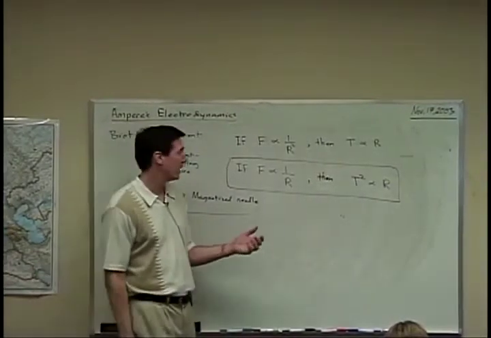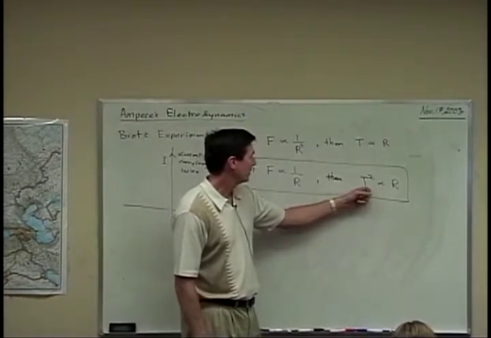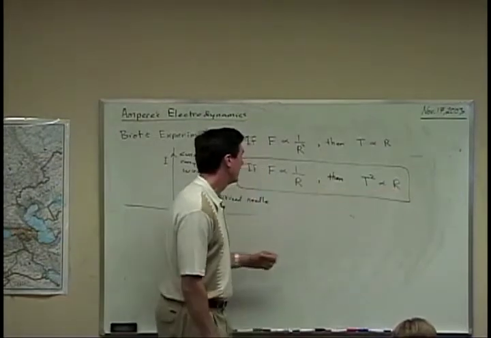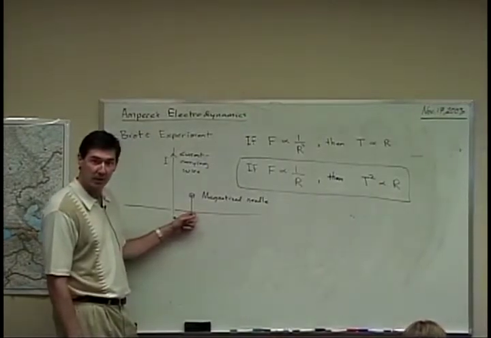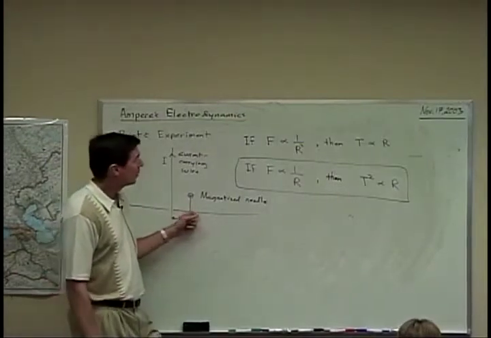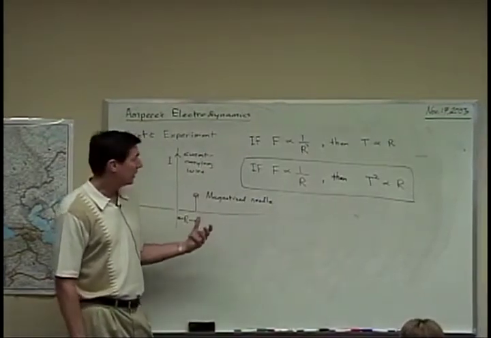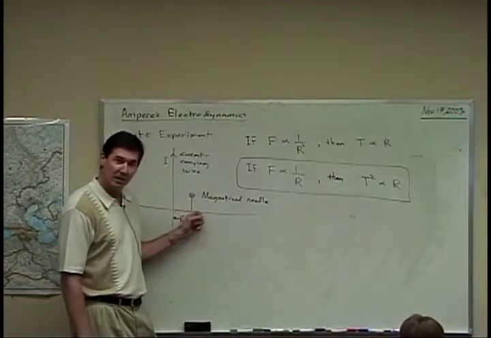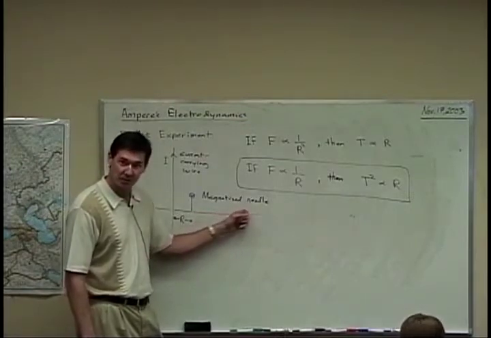So what that means is that if you start out with a distance where the period is 1 second, what this formula tells you is that if you want a period of 2 seconds, you're going to have to not just double the distance, but quadruple the distance.